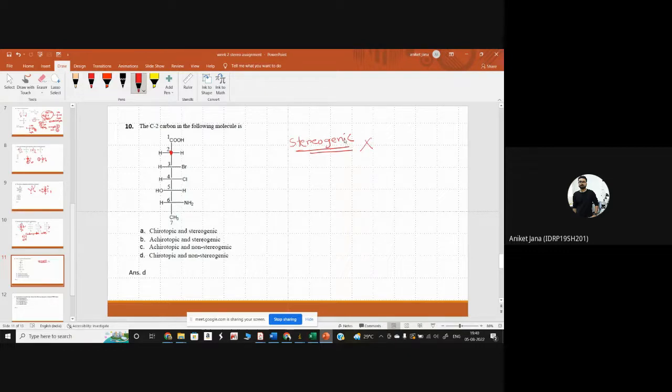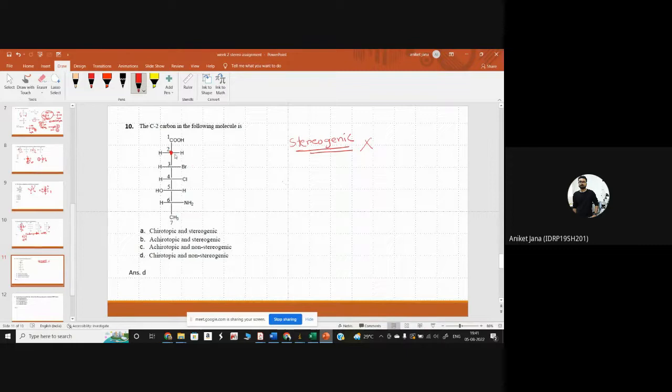And whether chirotopic or achirotopic, what is the definition of chirotopicity? The site symmetry of this atom should be chiral.